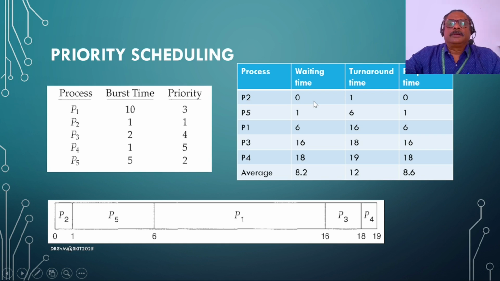So as the priority decreases, these times keep increasing. So 0, 1, 6, 16, 18, you can see that they keep increasing, and definitely it should not matter, because the highest priority is getting a better response with minimum waiting time, minimum turnaround time, and minimum response time.